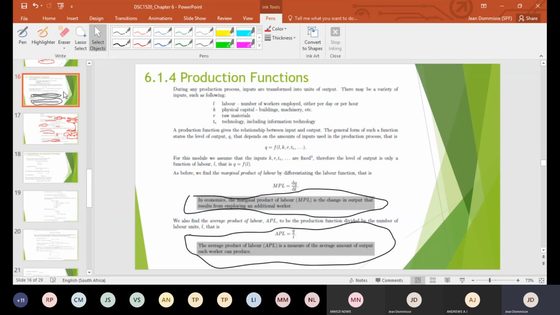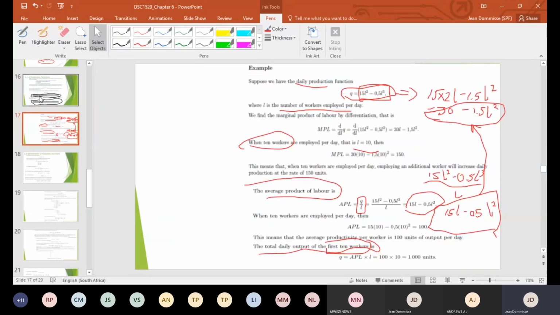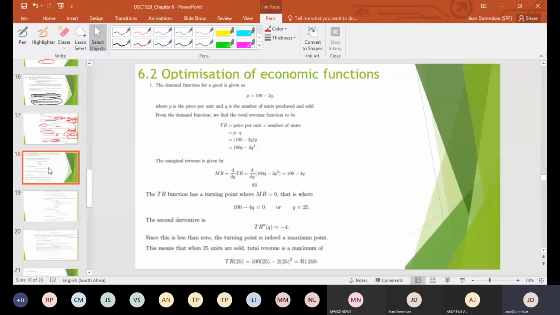I don't want to say not to focus on it, because if you know what to do in the previous work, you will be able to do this. If you need to work out the marginal one, you need to differentiate. If you need to work out the average, you basically divide. Okay, so I think we can go on to the next one if everybody else is happy with that.